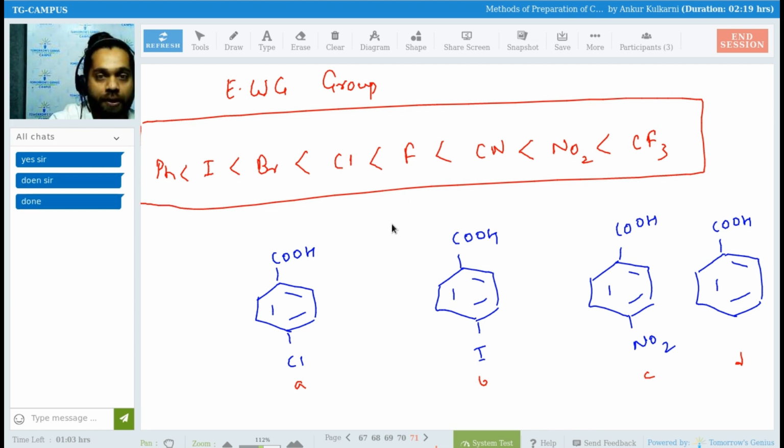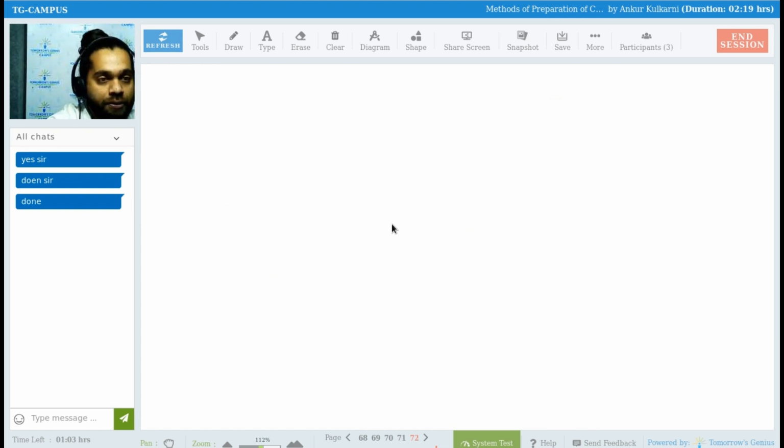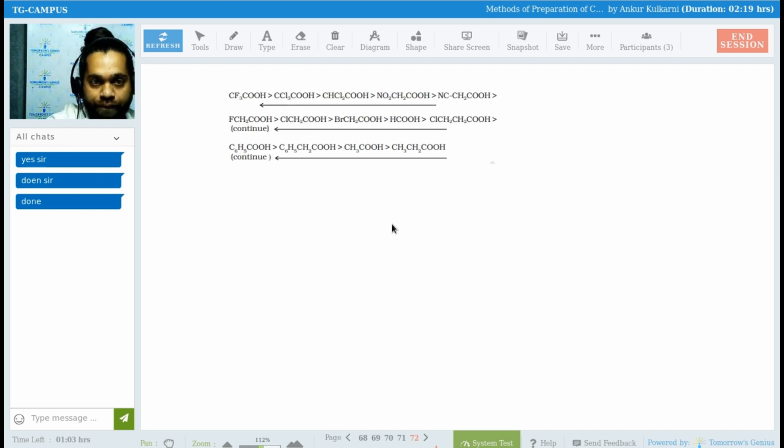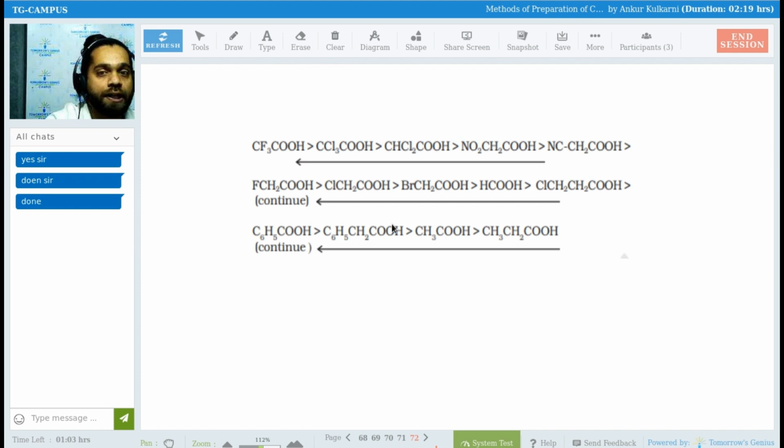Okay, I'm giving you one more order from your textbook actually. Please write it down right now. It is logical, Sasidaran. You have CF3, then Cl3, Cl2, only NO2, and so on.